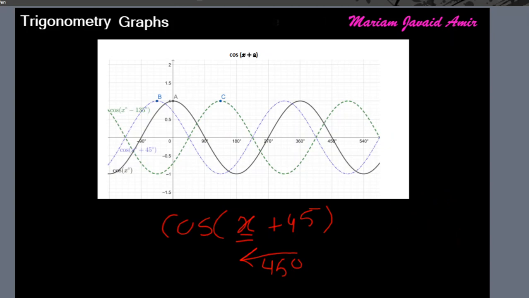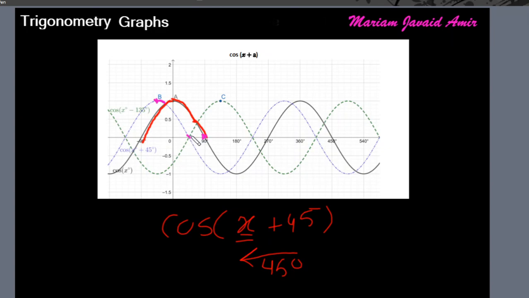So let's see how that's happening over here. This is the original graph, right? Let's just take this portion only. Now move this graph 45 degrees to the left. So 0 becomes minus 45, right? And then this is the first point, and initially the graph was meeting the x-axis at 90.